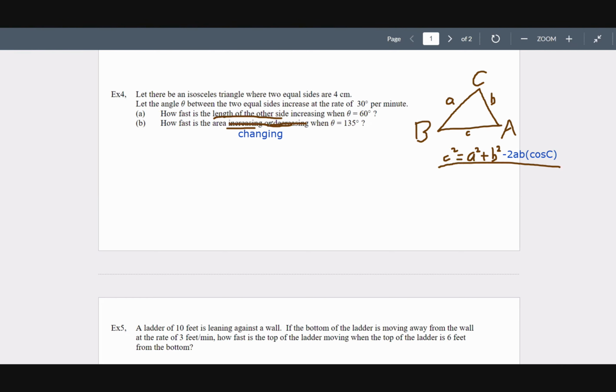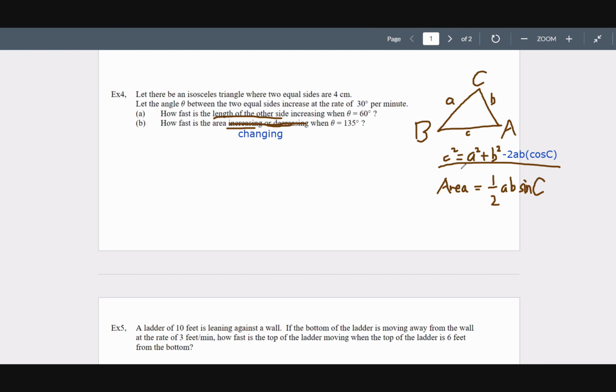Now second is about the area. What is the area of this triangle? Area is equal to half AB sine C. Of course, all formulas on trigonometry and on triangles are symmetric.